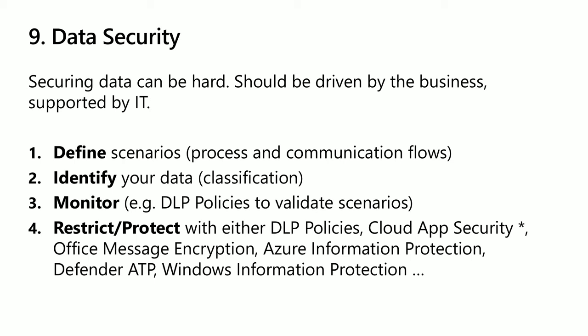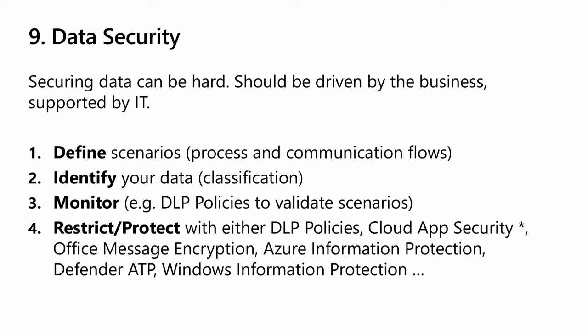And because you just classified, not yet secured the data, you can now go into Cloud App Security. You can go into a mail flow rule. You can go into Defender ATP and use Windows Information Protection to protect the data on the device while it's going. You can actually do something with it. Knowing the data that you're trying to protect helps you to protect the data.